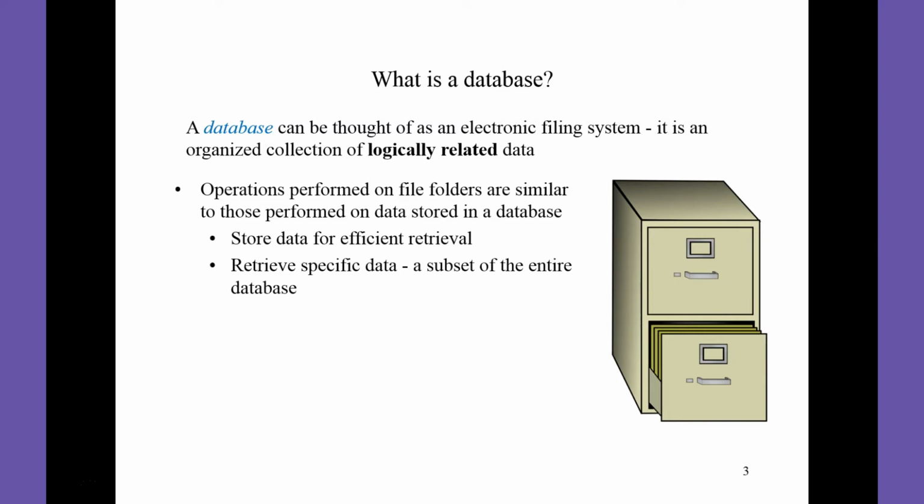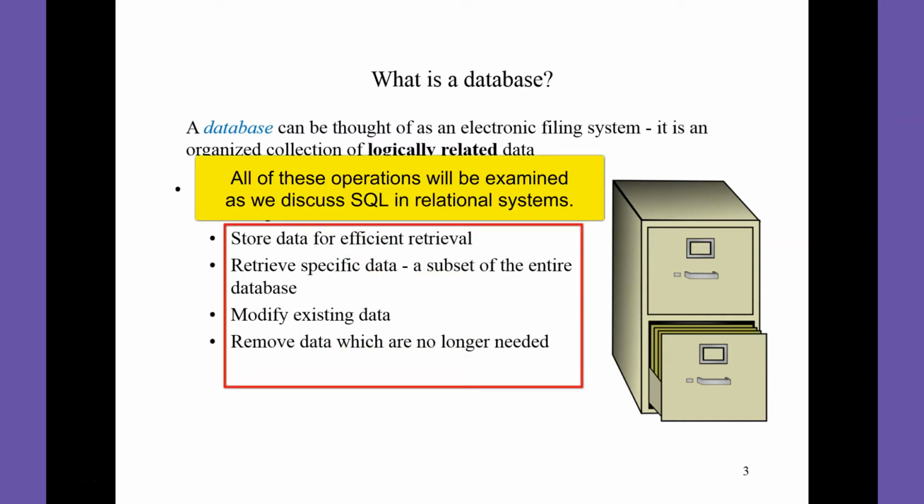We retrieve specific data. We don't always empty the filing cabinet, but we'll get one folder, and that folder pertains to the individual that is relevant to our immediate needs. We can also take a file folder and modify its content. Data that is no longer needed can be removed from the file cabinet, and the same idea of these operations that we're talking about with file folders in a filing cabinet can be applied to data stored within a database.